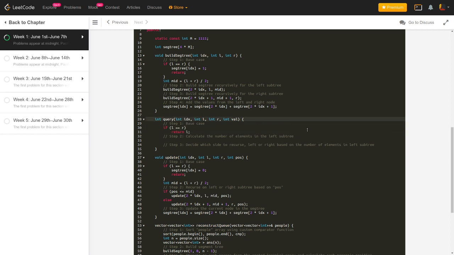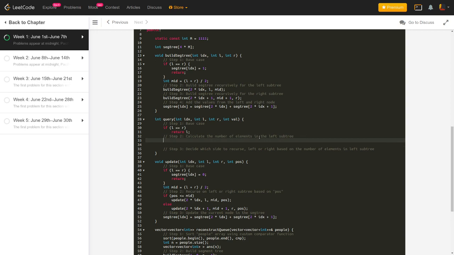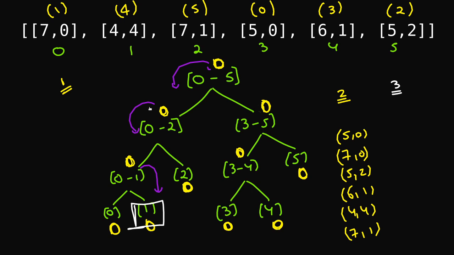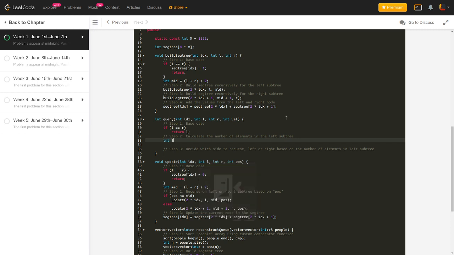Okay. Next thing is to actually calculate the number of elements in the left subtree. Why? Because we were always taking the decision based on how many elements are there in the left subtree, and based on that we were either going to the left subtree or the right subtree. We'll just do that. I'll just say L index equals 2 into index. That's the index of the left child.